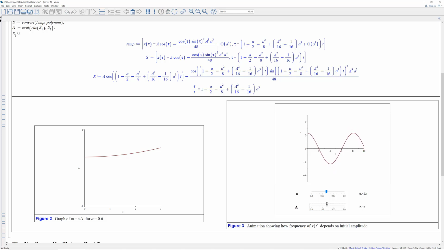As you change the initial displacement, you'll notice that the distance between these zeros changes, meaning that the frequency is going to depend on the value of that initial displacement A. So this is just some visual evidence of what we claimed.